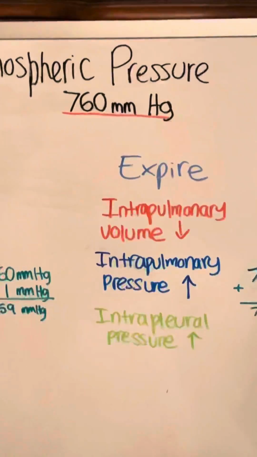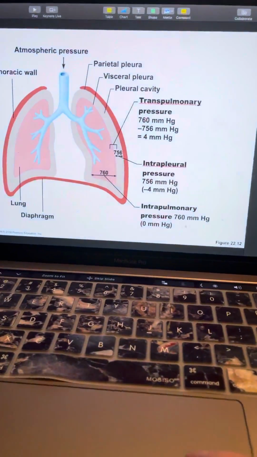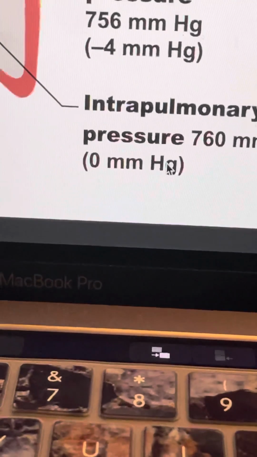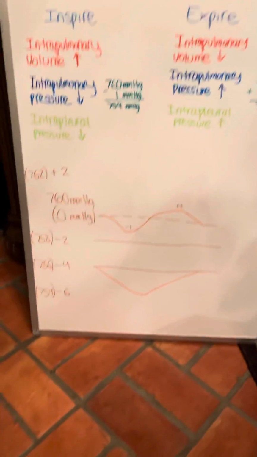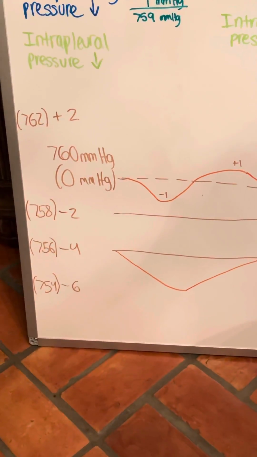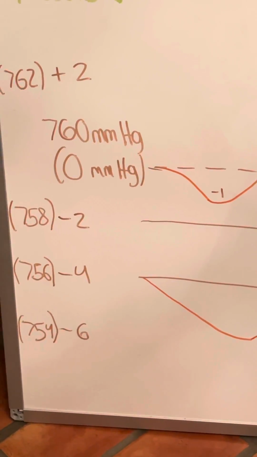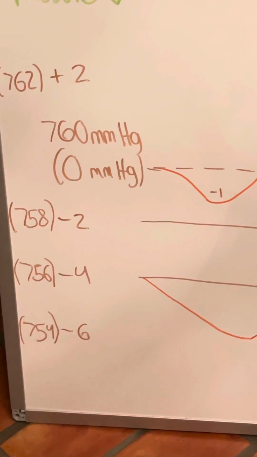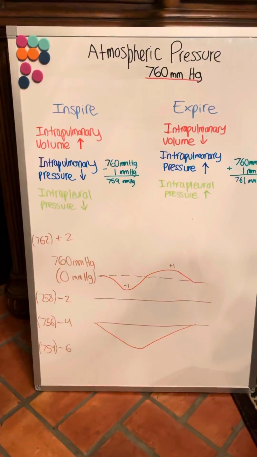Boom, atmospheric pressure, because it has to try to remain in constant equilibrium because it's an open system. Also think 0 for this in terms of our graph in relation to atmospheric pressure with breathing in and breathing out, inspiring and expiring, because you're going to have to understand that 760 means 0 in relation to it when we refer to our graph after I explain the terms.